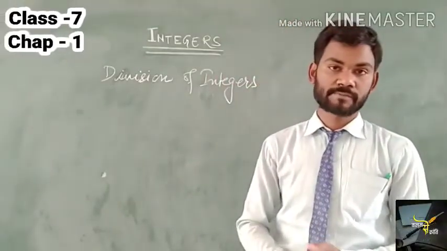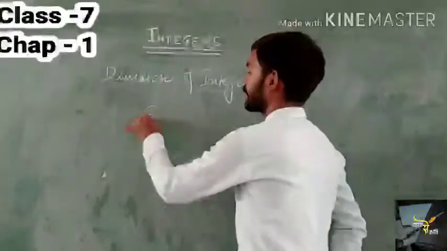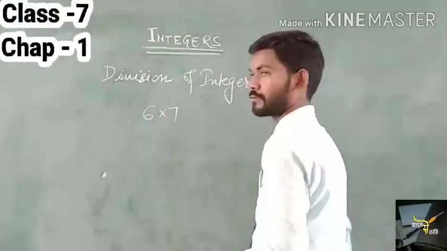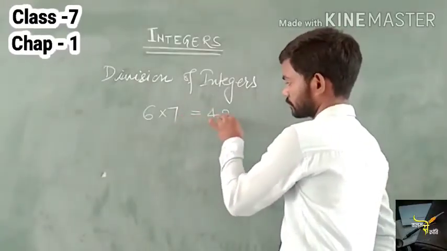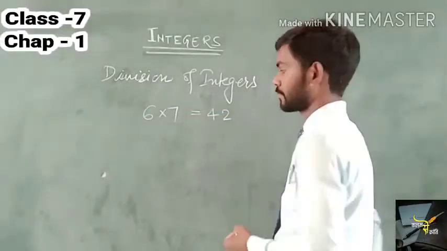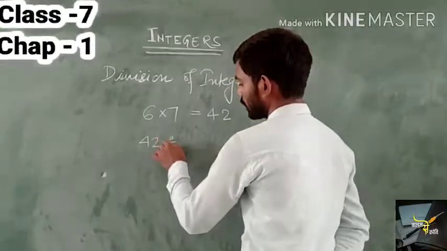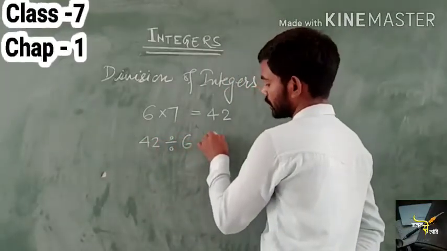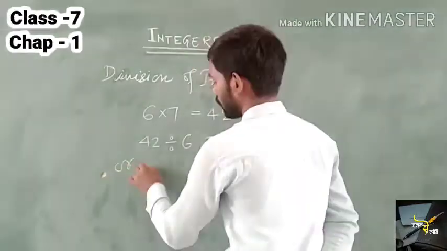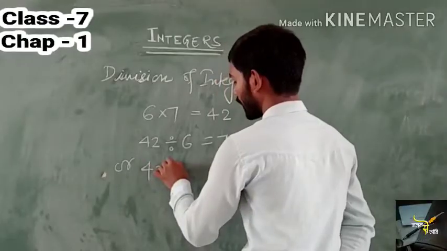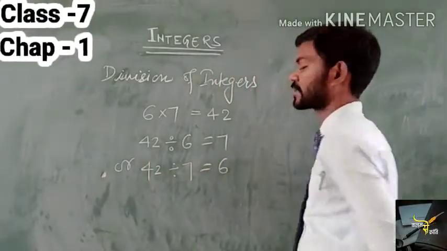Like if 6 multiplied by 7 equals 42, then 42 divided by 6 is equal to 7, or 42 divided by 7 is equal to 6.